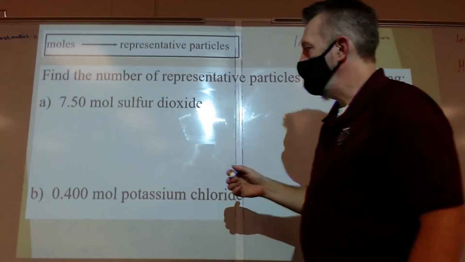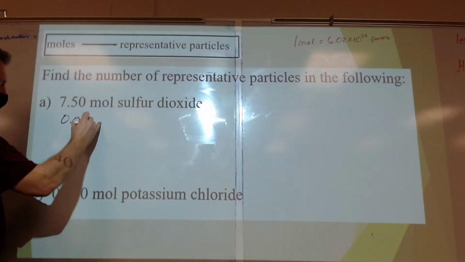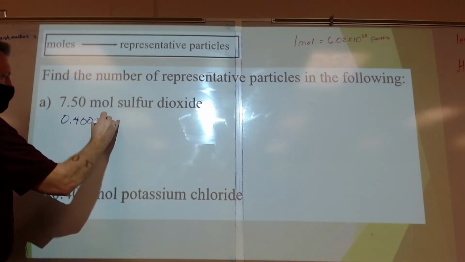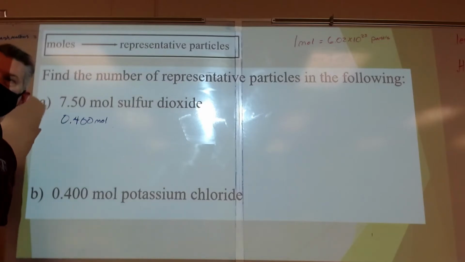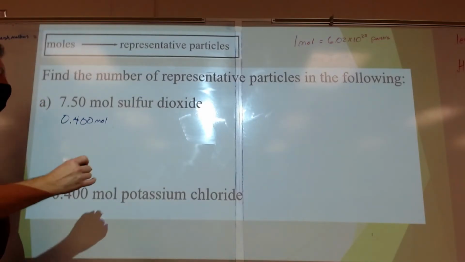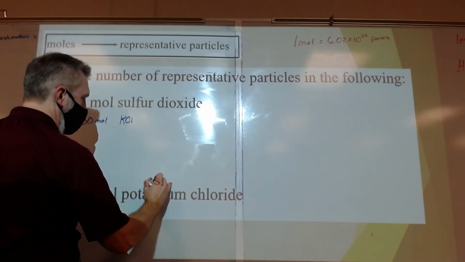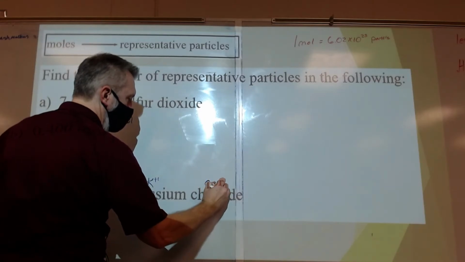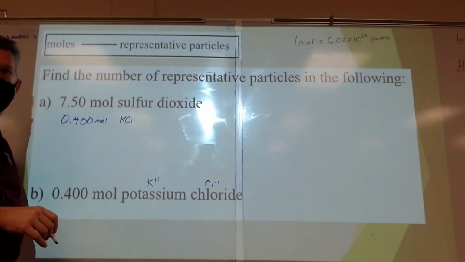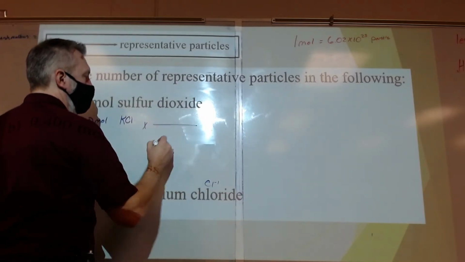All right, let's go through this. 0.400 moles. And potassium chloride is what? KCl. Because this is K plus 1, Cl minus 1, and crisscross, I get KCl, right? So that many moles of KCl.